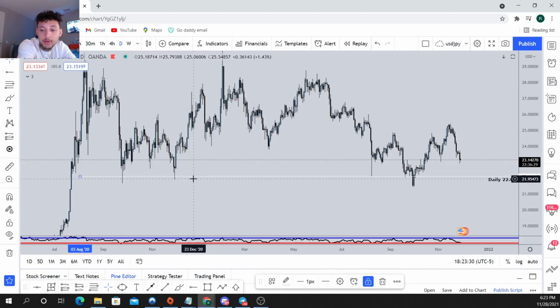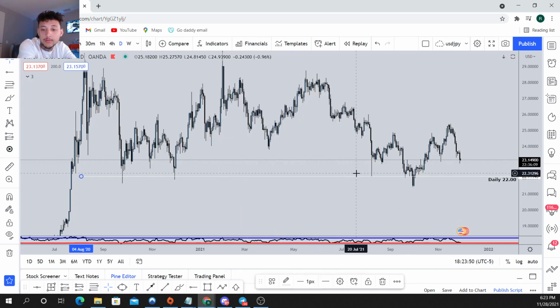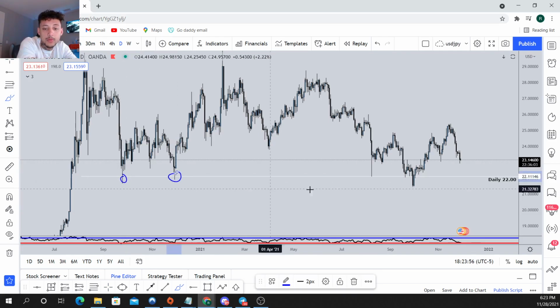I could even maybe put it down here, probably a little bit lower. So let's unlock this. Possibly even right here would probably be a little bit more accurate as well. So let's just do it right here, maybe a little bit lower. I'm going to lock it.